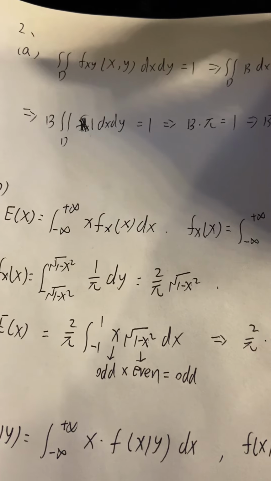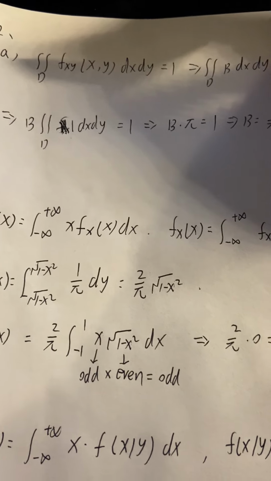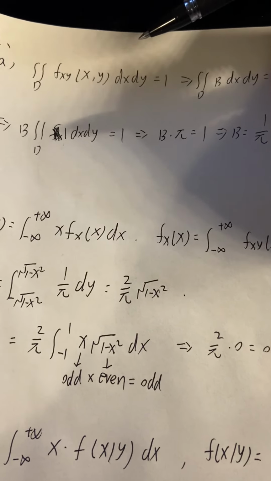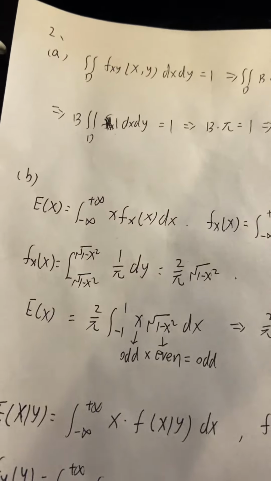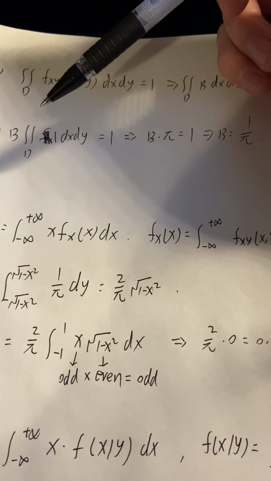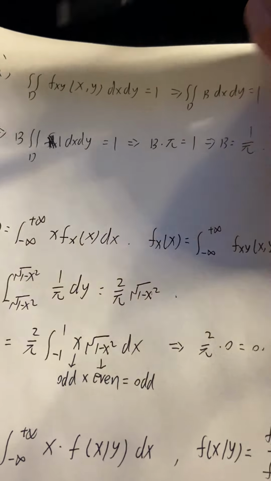On question 2, f_XY(x,y) is equal to b when x squared plus y squared is less than or equal to 1. Find b so that the above defined function is a valid density function.